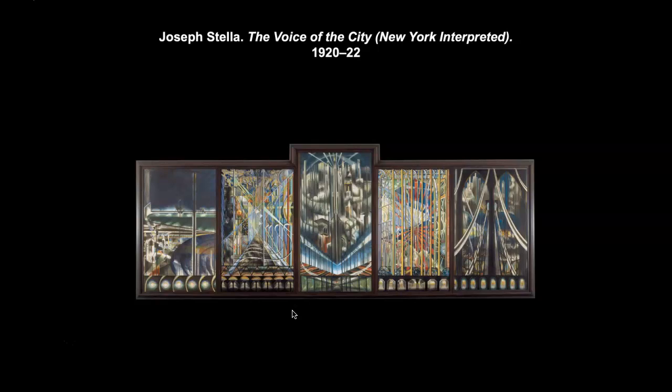So think of almost like you're squinting your eyes going down at night, where you have all these lights and colors from these signs, and you're just getting bits and pieces of it. Then we have the harbor of the Hudson River. So we see some elements of the harbor and of boats here. And then on the far right, we have the Brooklyn Bridge. So these are all elements of modernity, elements of what he saw as progress.